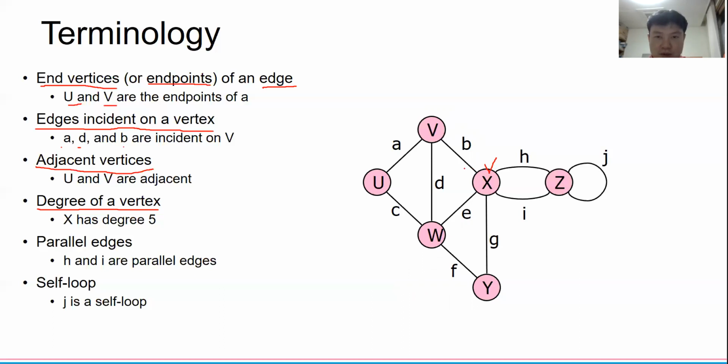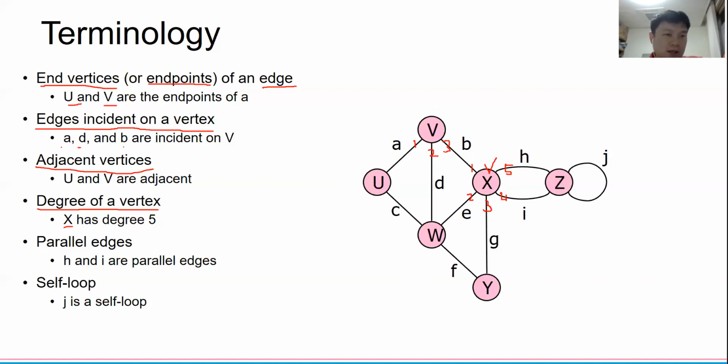We have 1, 2, 3, 4, and 5. So there are 5 edges connected to the vertex, so the degree is 5 for vertex x. What about vertex v? We have 1, 2, and 3. So the degree is 3.